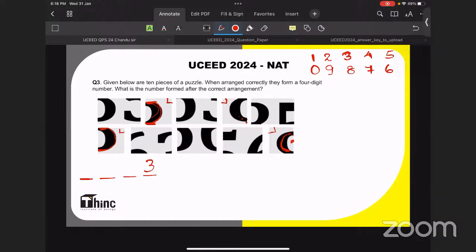This will be coming on the top: this is on layer 1, and this is on layer 2, because the connection meets here. When we connect it, we get a figure like a reverse 3. You can find the reverse 3 in 8, so you can make that the first one. So your number starts with 8 and ends with 3. That is the first assumption we make.